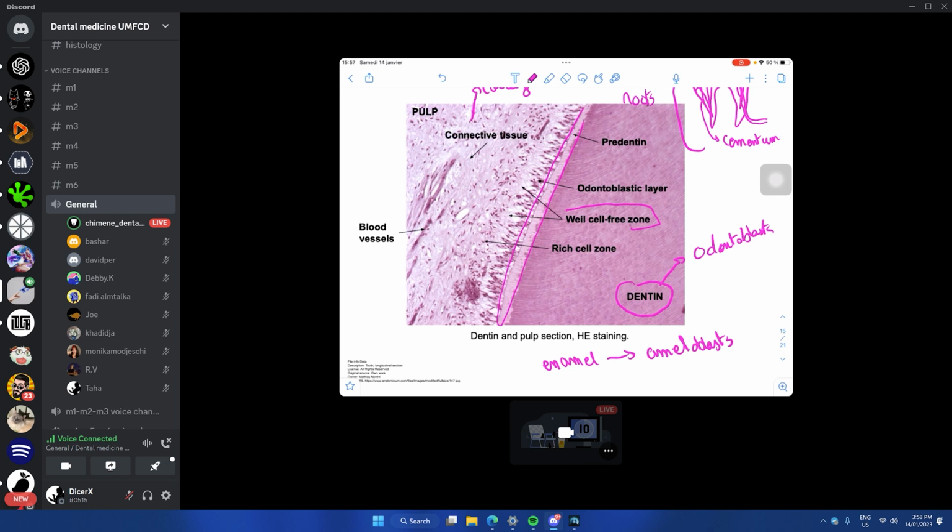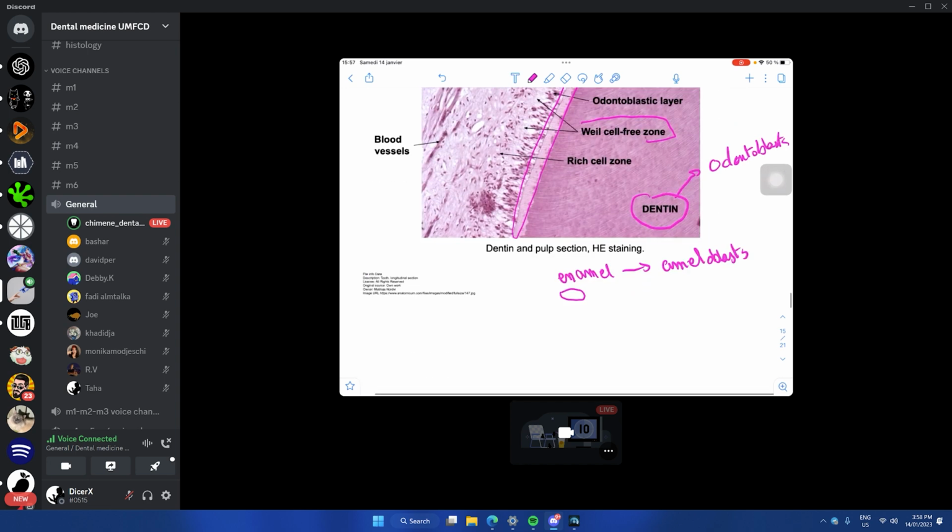What else? For the bones, the alveolar process in the maxilla and the mandible. So the spongy bone here, those are for the osteoblasts. But not only osteoblasts interact, you also have osteoclasts.